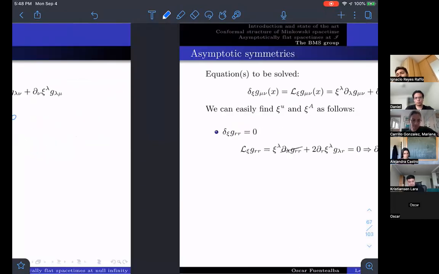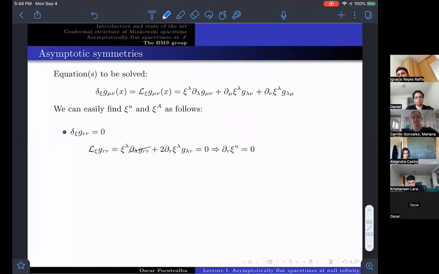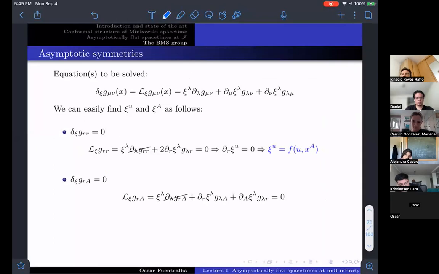And this means that the time component of the asymptotic diffeomorphism must be radially independent. So it is an arbitrary function, in principle, of time and angles. Then we have to solve the other condition that is equal to 0, and from the Lie derivative, we find that this first term is equal to 0, and we have to expand these terms using the Bondi conditions.